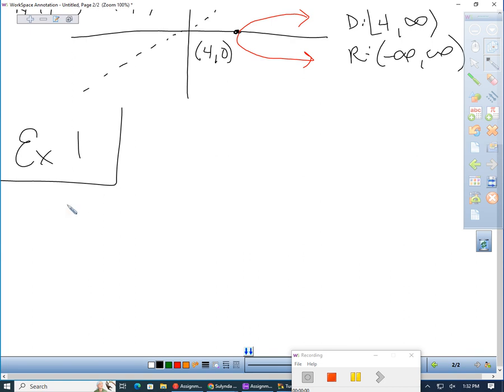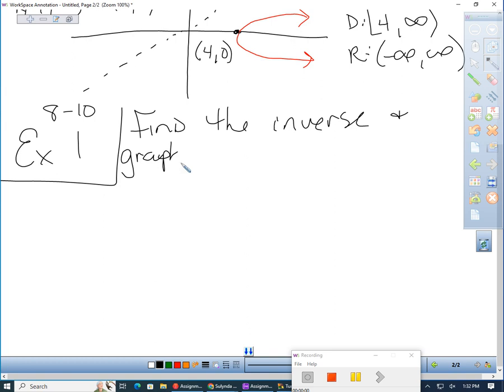And this is going to cover your 8 through 10. Find the inverse and graph the given relation and the inverse.